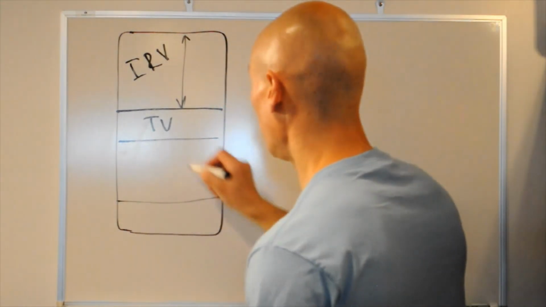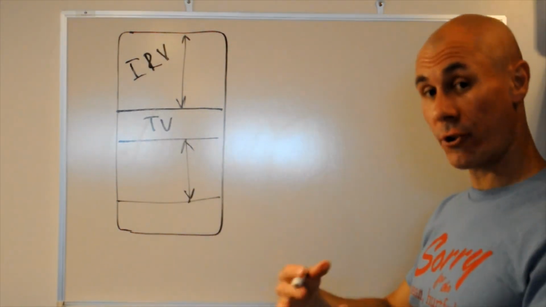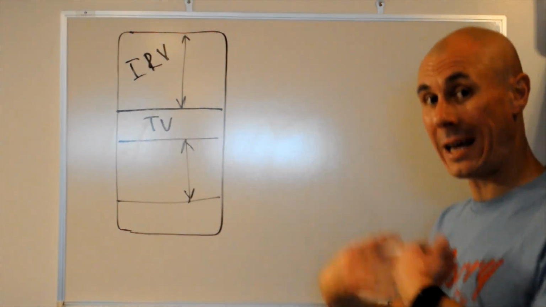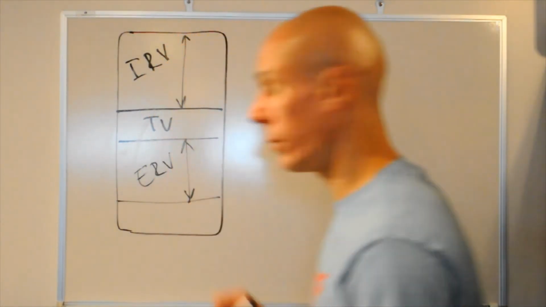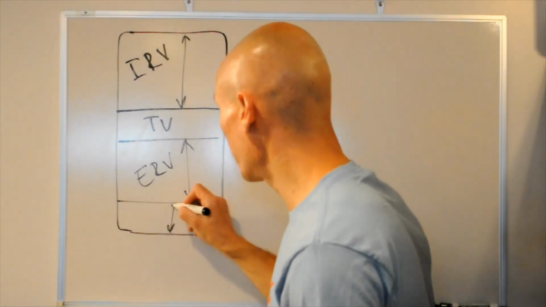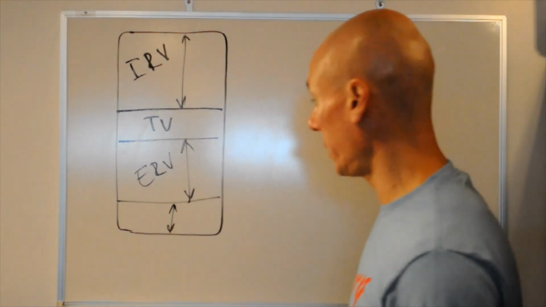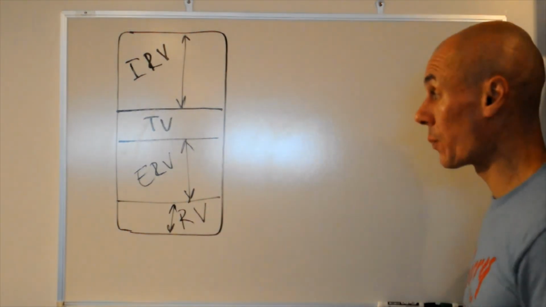The volume that you can exhale after your normal tidal expiration is expiratory reserve volume. And the volume of air that stays in the lungs all the time is residual volume.